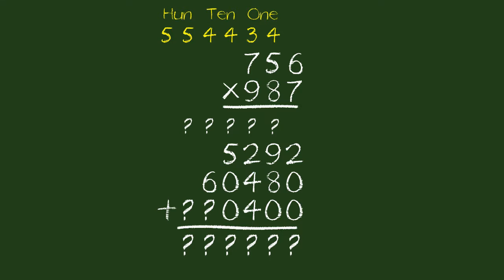Now multiply the 7 times 9. 7 times 9 equals 63, but we need to add the 5 in the carry location here to the 63. 63 plus 5 equals 68. The 8 of the 68 goes in the ten thousands answer location, and the 6 of the 68 goes in the hundred thousands location. Now we can add the 3 answers together using the carry locations if we need them.